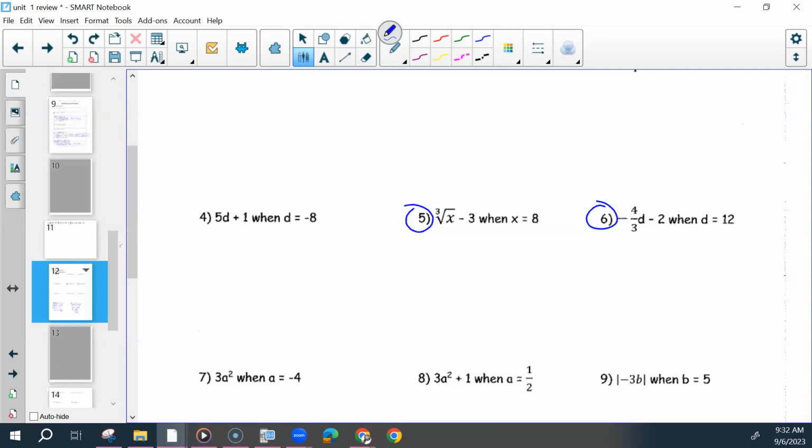The cube root of 8 minus 3. So figure out what the cube root is first. What times what will give you 8? And then when we subtract, our final answer would be negative.